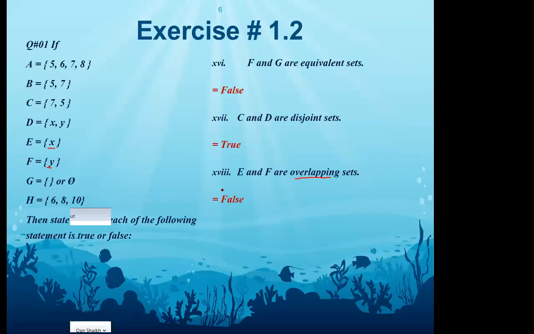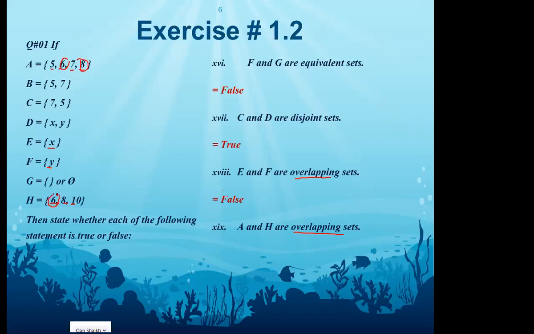Now look at this one, A and H. A is 5, 6, 7, 8, and H is 6, 8, and 10. For overlapping sets, some members should be common and some should be different. The common members are 6 and 8.